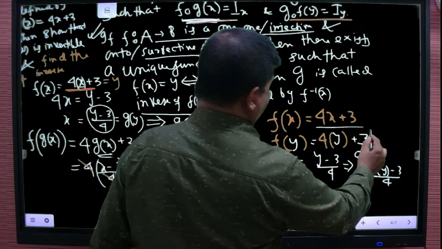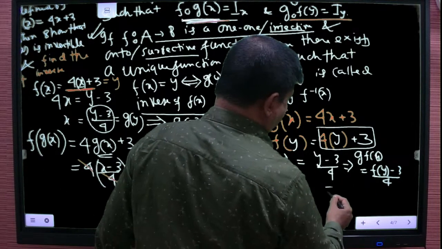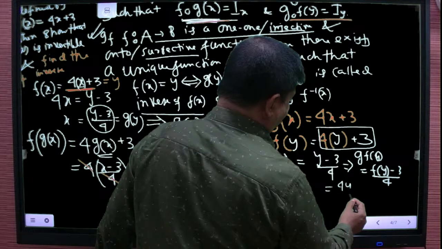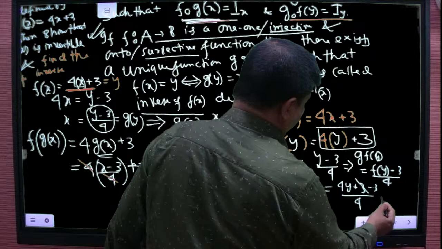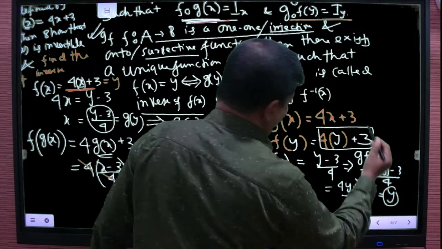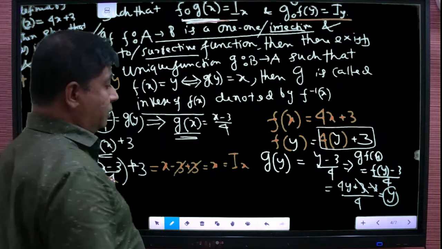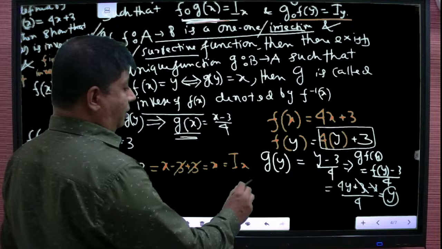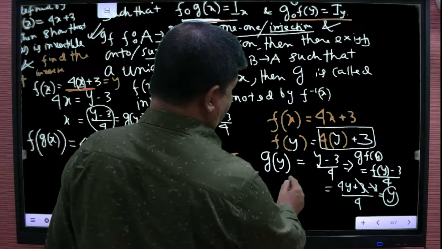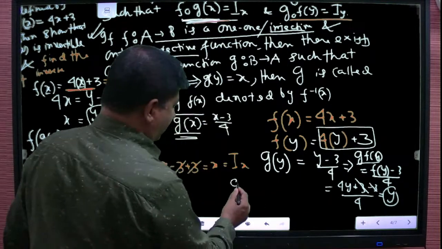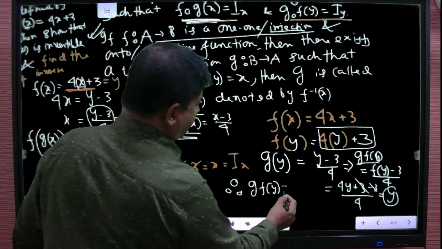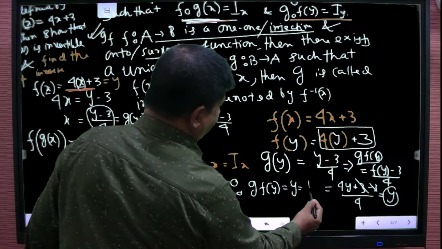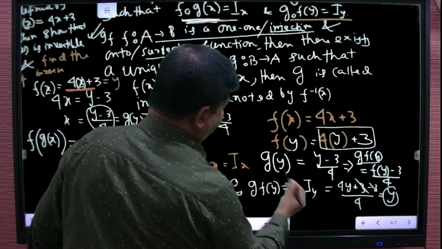So 4y plus 3 minus 3 by 4, the 3 cancels and 4 cancels, y will come. So what you have got? g of f(y) is equal to y, and I can denote it by I(y).